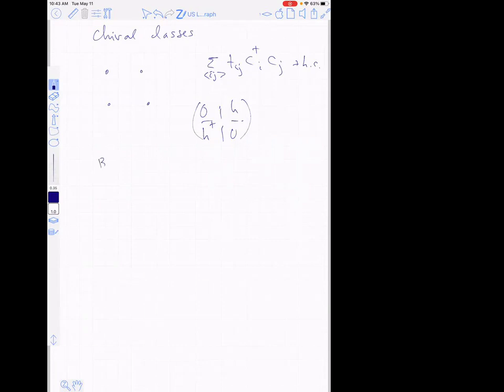And finally, there are the Bogoliubov-de Gennes classes, which describe mean field theories of superconductors. So for superconductors in the mean field formulation, the Hamiltonians may include non-number-preserving terms of the type c_i dagger c_j dagger with some coefficient, which is related to the order parameter of this theory, plus the Hermitian conjugate. In addition, you can also have the usual regular number-preserving terms.